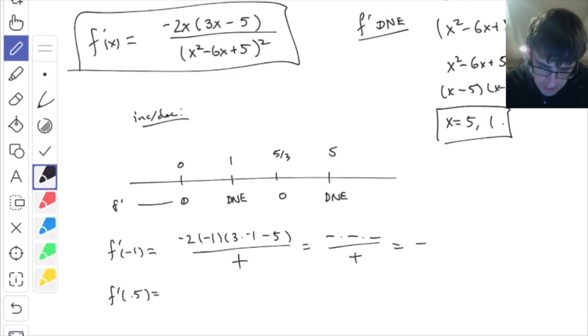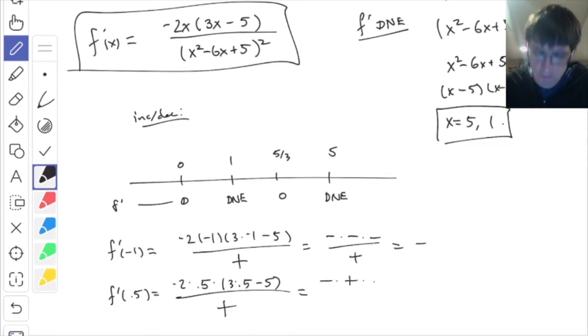So plug that in, -2 times 0.5 times 3 times 0.5 minus 5 divided by something positive. This is negative, positive, and that's still negative, right? 3 times 0.5, that'd be 1.5, minus 5 is negative, divided by a positive. This ends up being positive, so I get a positive in that region.